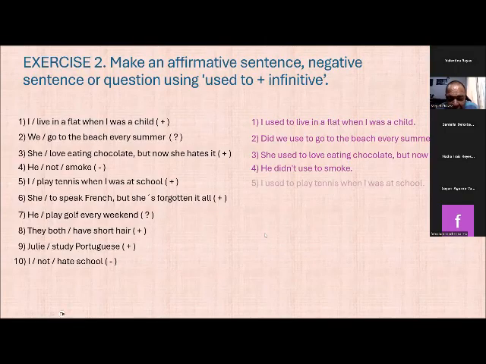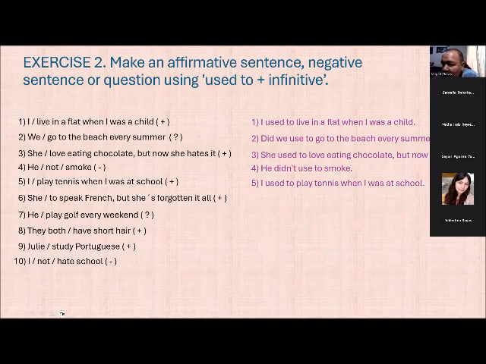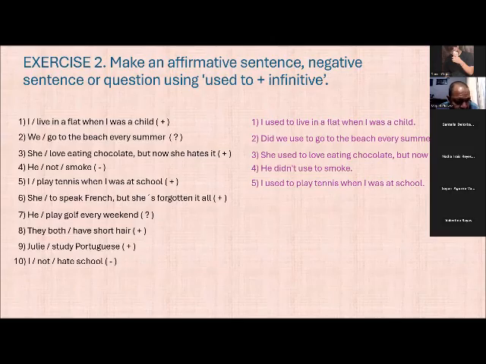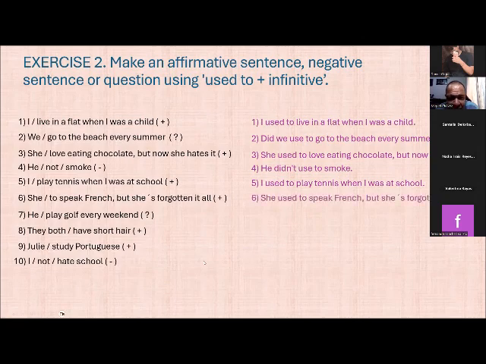Yes, you're right. I used to play tennis when I was at school. Okay, who can help us with number 6? Yes, Daniel, please. She used to speak French, but she has forgotten it all. Yes, you're right. Thank you so much, Daniel.